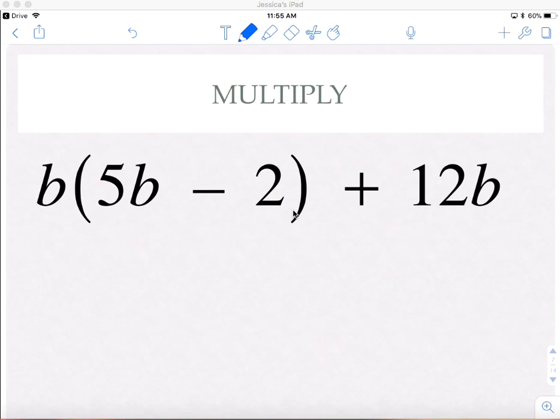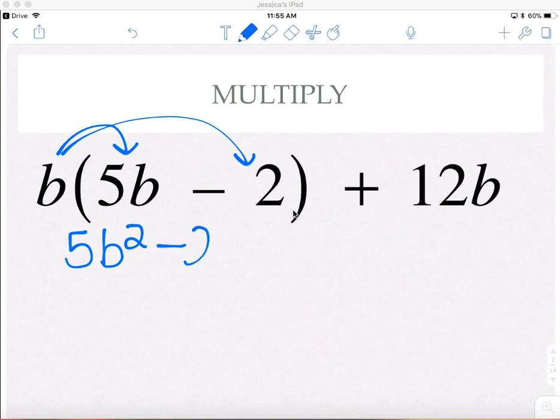On this one, we're going to distribute the b first. b times 5b is 5b squared. b times negative 2 is negative 2b. And then I'm going to bring down the 12b.